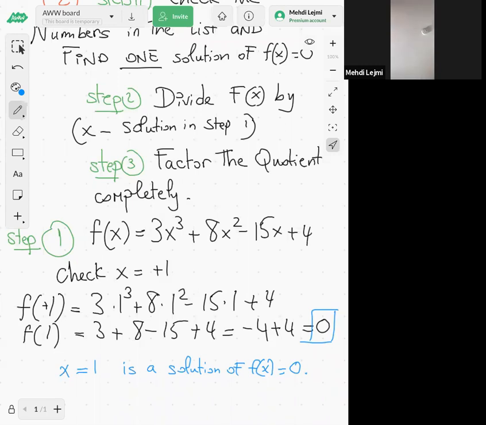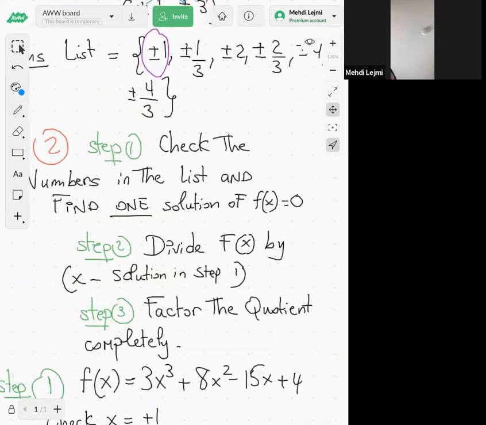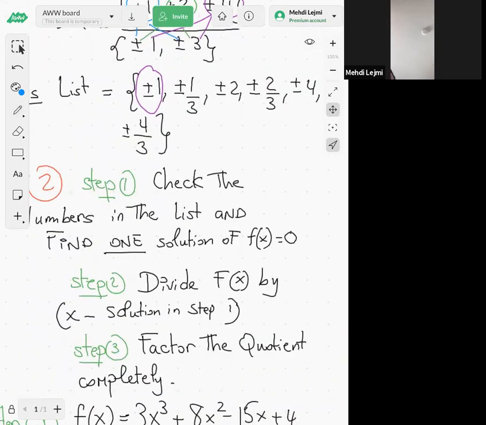So my advice, guys, if positive 1 and negative 1 are not solutions, then the next number in the list would be plus or minus 1/3. My advice is to first check the whole numbers. So after plus or minus 1, I would check plus or minus 2, rather than the fraction 1/3.